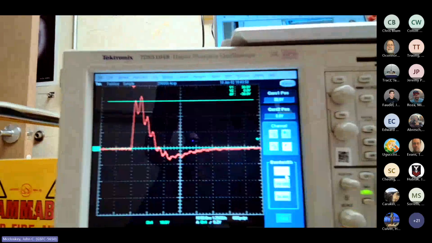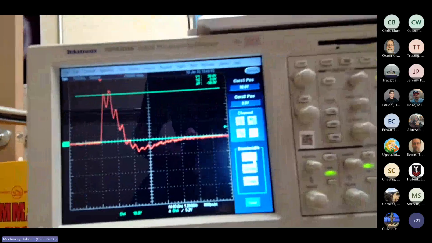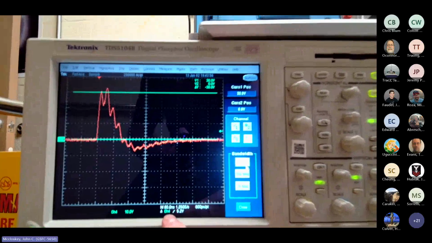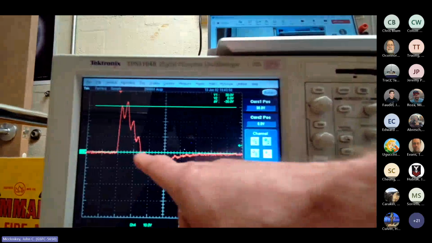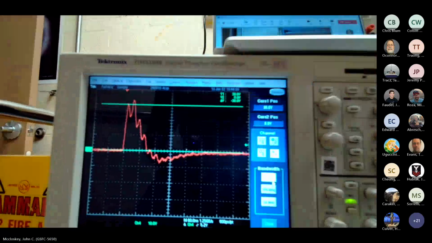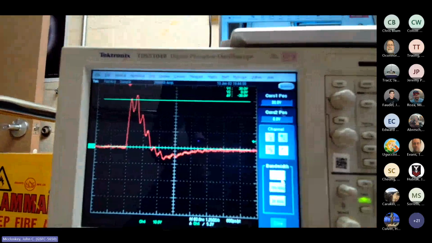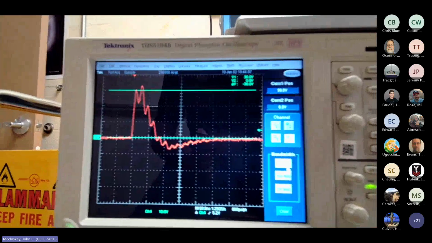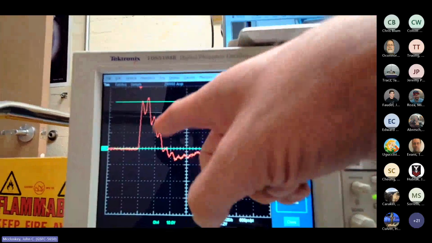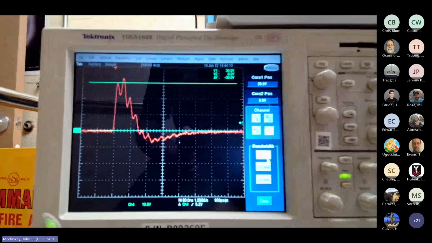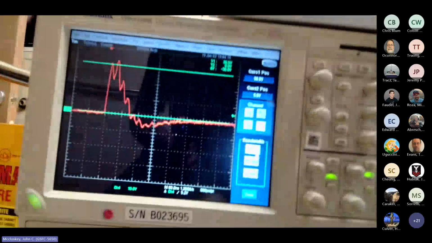So we're getting our 30 volts, and the horizontal scale is this weird 80 nanoseconds instead of 100. It looks like a little bit shy of the 150 nanosecond pulse width, but it's close. And probably the ringing is affecting that a little bit. But there's no adjustability on the pulse width.